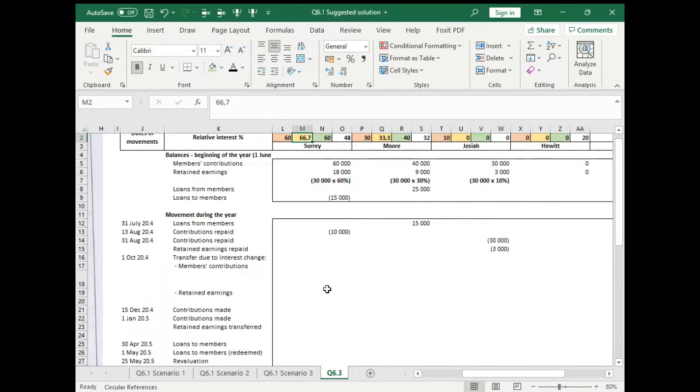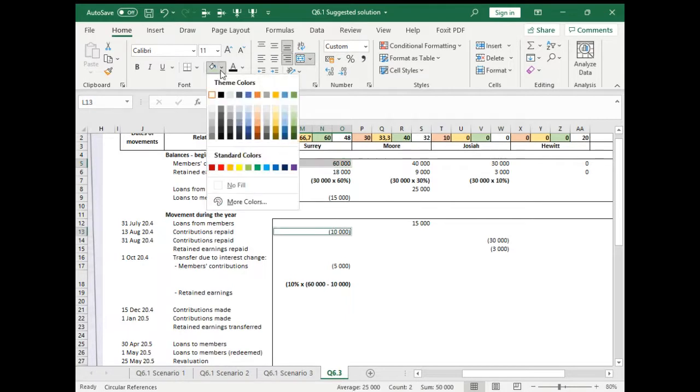So when we dispose of your interest to another member, we said you distribute a portion of your contribution as well as your retained earnings to the other members. So the first thing we have to do is our members' contribution. We take what they currently have, which is the 60,000 less the 10,000 they have actually already taken at that stage.